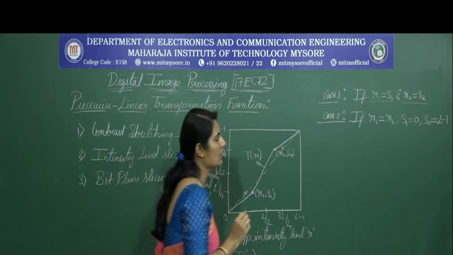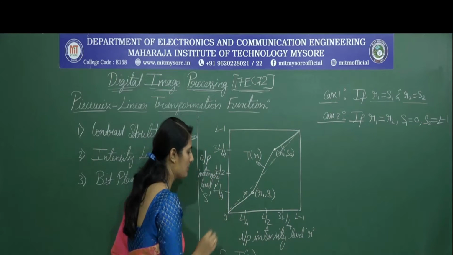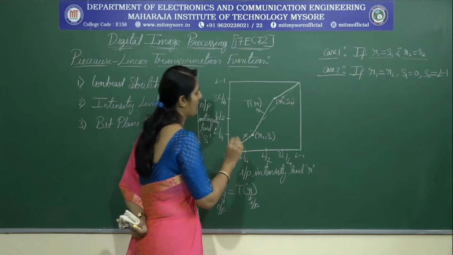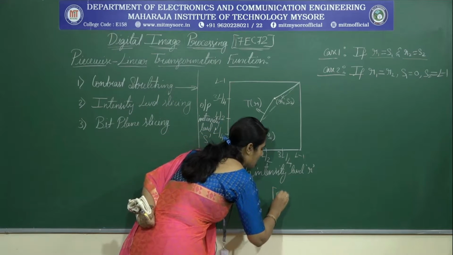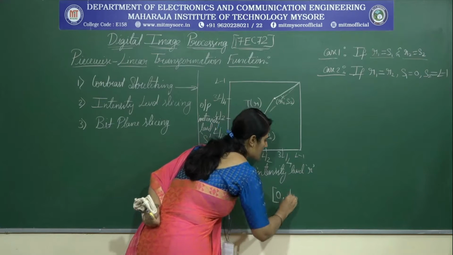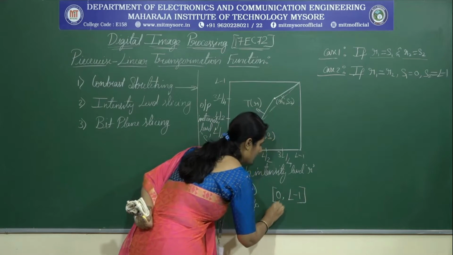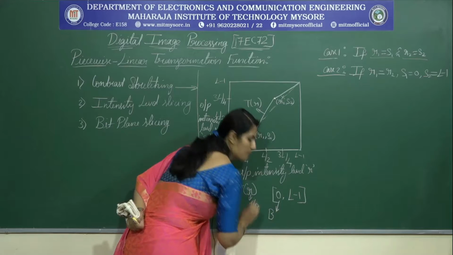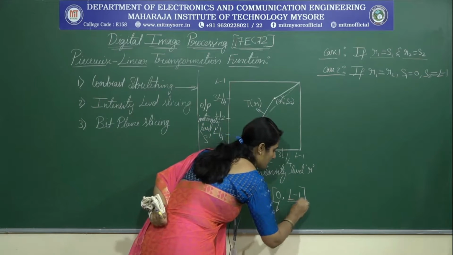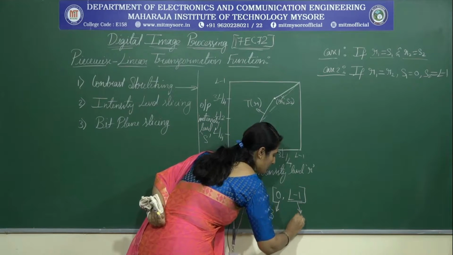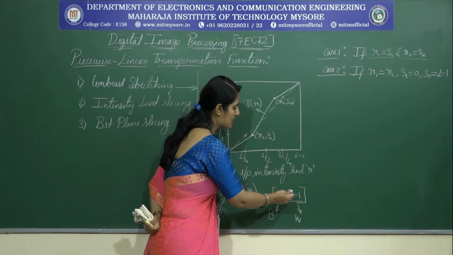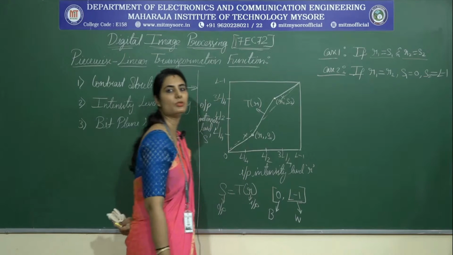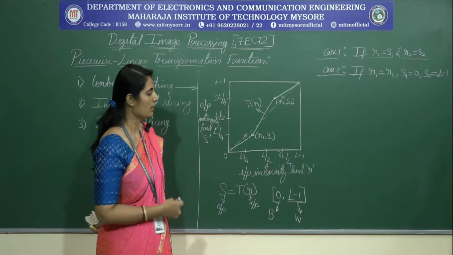So here we know what 0 is and what L-1 is. If we have an image with intensity values varying from 0 to L-1, where 0 represents black and L-1 represents the maximum intensity level, that is white, and we have intermediate intensity levels between these two values for a gray image, right?